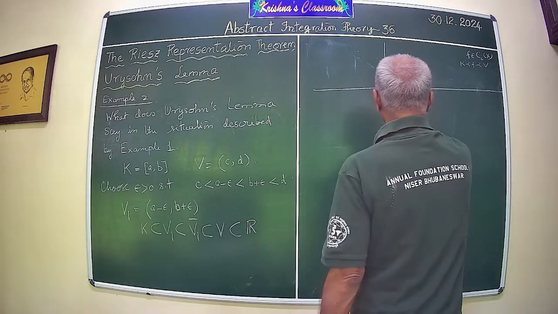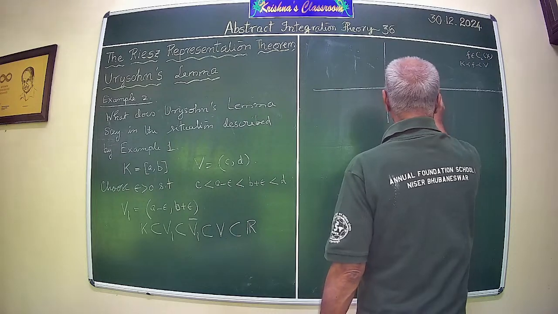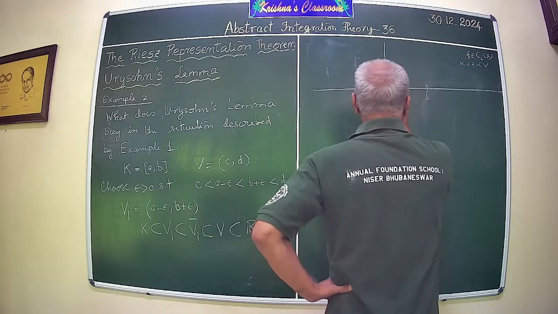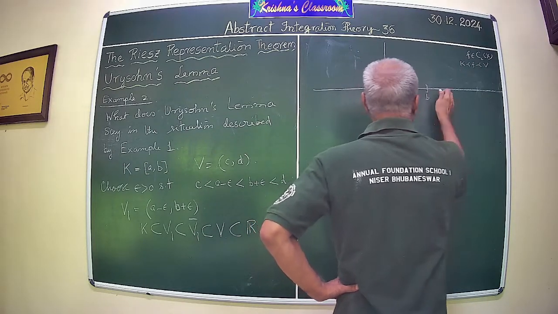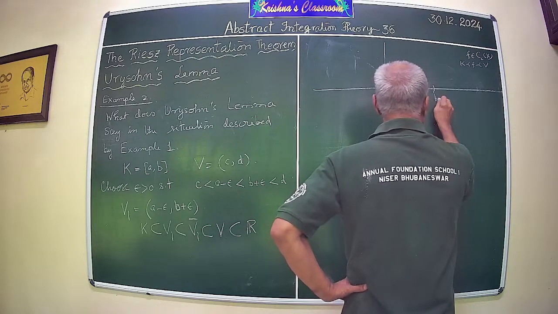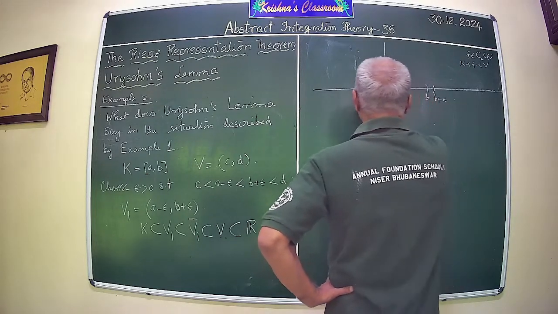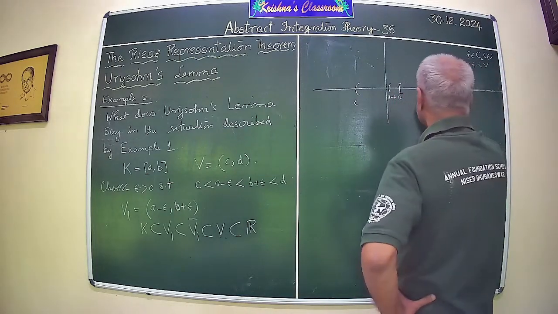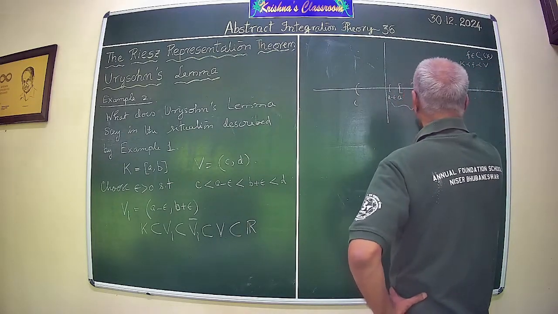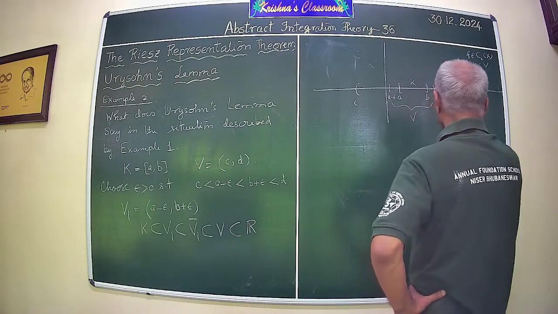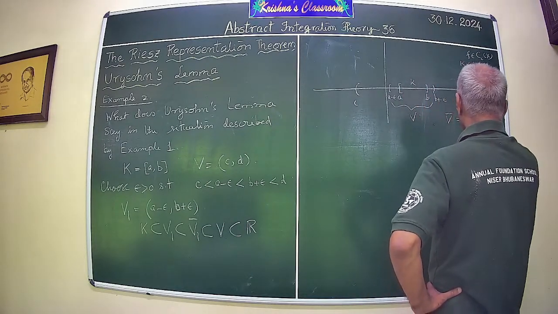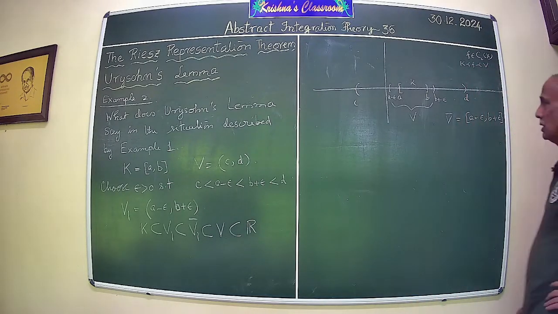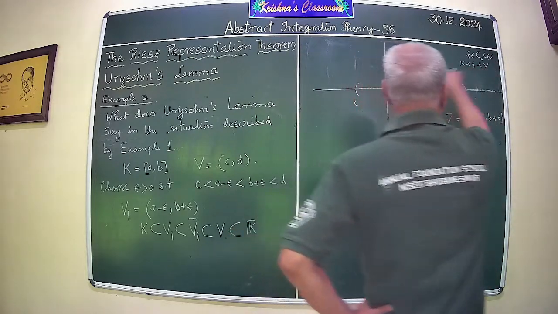So this is your K. Then let us take A minus epsilon, B plus epsilon, and then you have E. So this is K, this is B, and B closure is B plus. Now what the theorem says is, now I am drawing the graph of F.